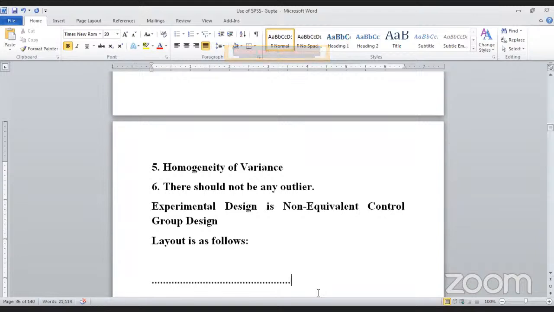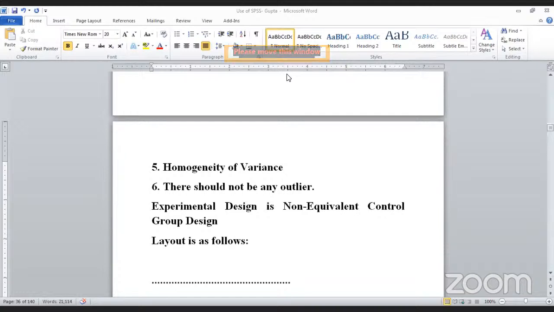There are so many variables. So it is the most important experimental design to be used in social sciences. In ANOVA, you do not have a covariate.